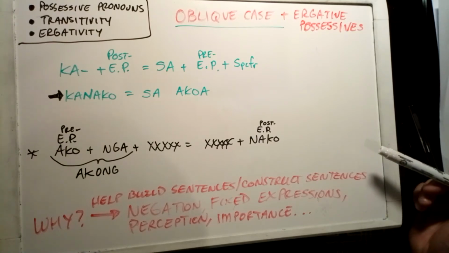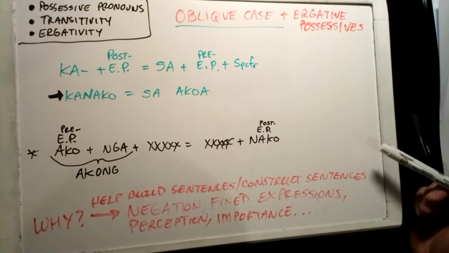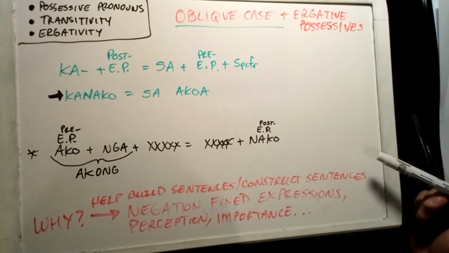With possessives, though, you could start understanding things from a different perspective. Maybe if you know a language that has the genitive case, showing possession or ownership or relationship between two nouns.